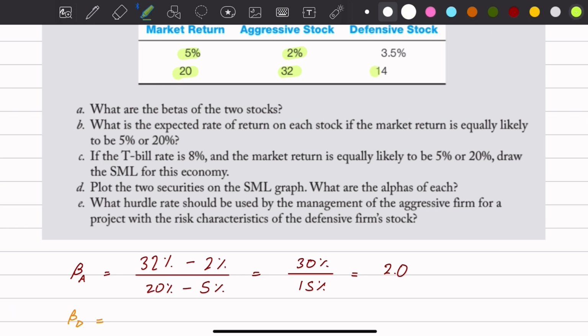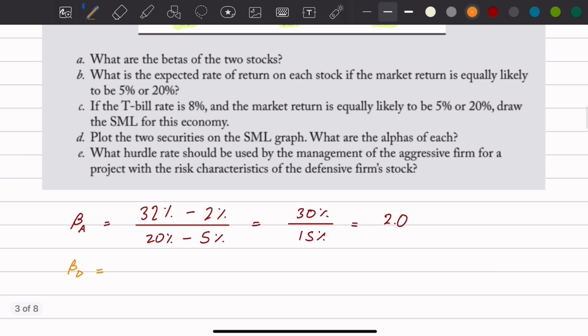and that would be 14% minus 3.5% divided by the same 20% minus 5% that is expected for the market as a whole. That would give us 10.5% divided by 15%.